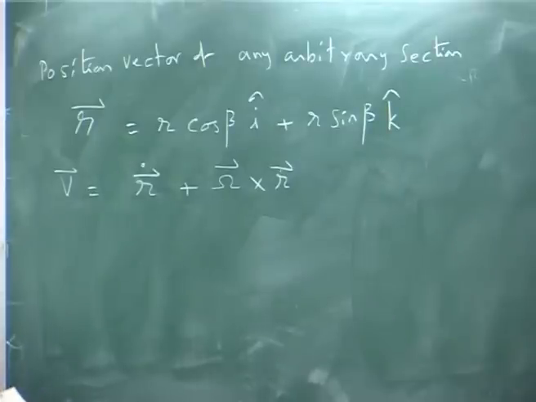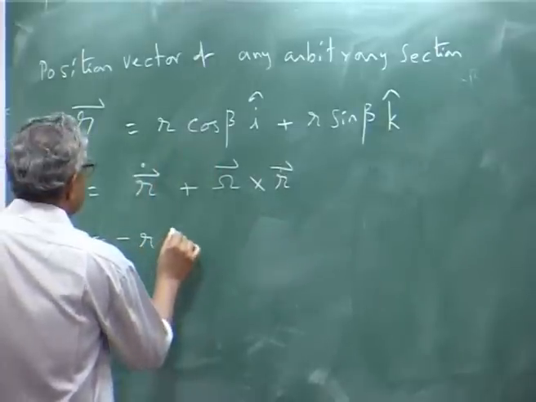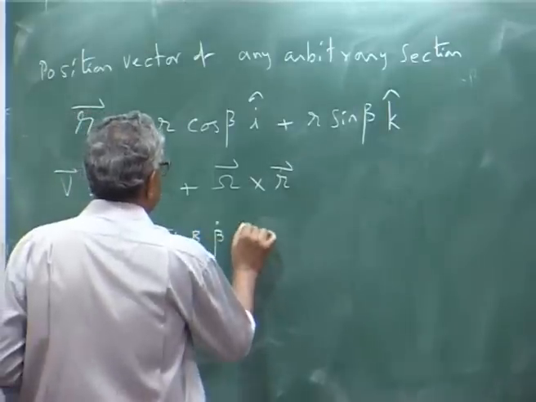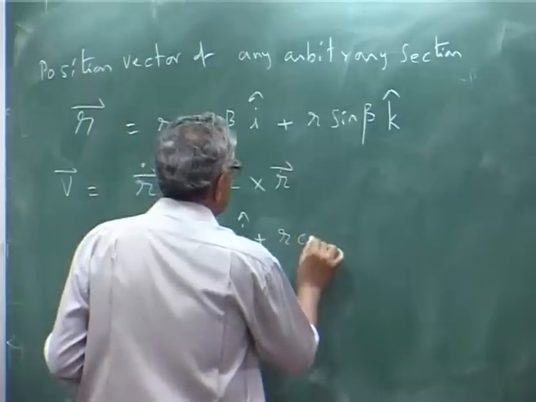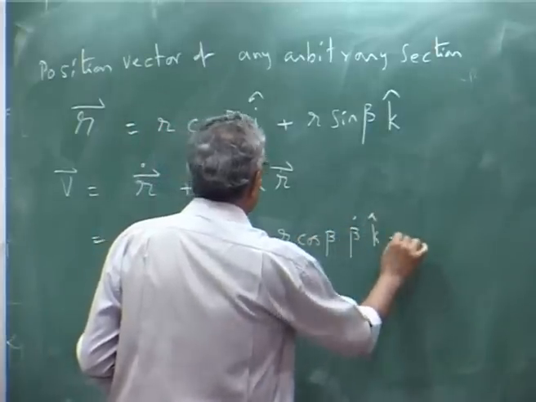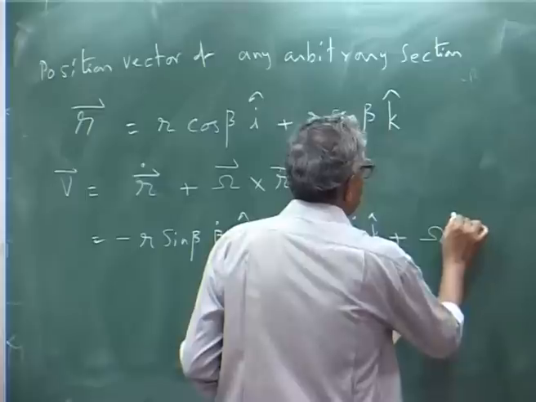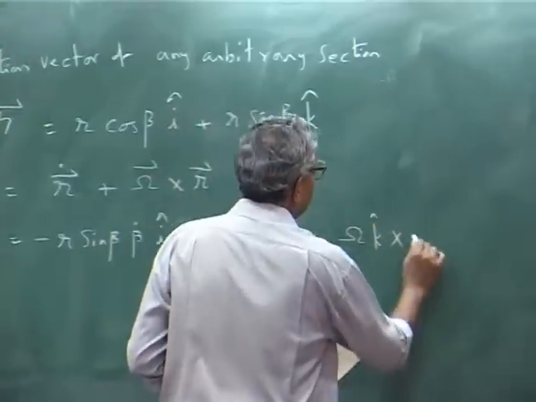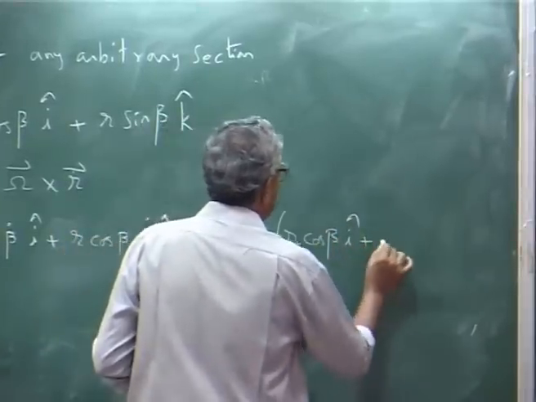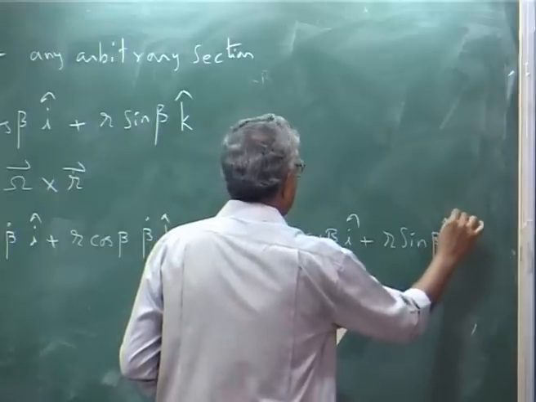So r dot will be minus r sine beta dot I plus r cosine beta dot k, plus omega, which is omega k, cross r cosine beta I plus r sine beta k.